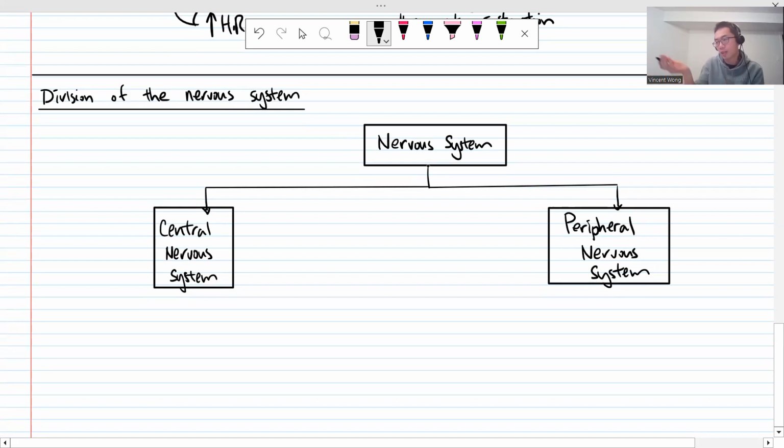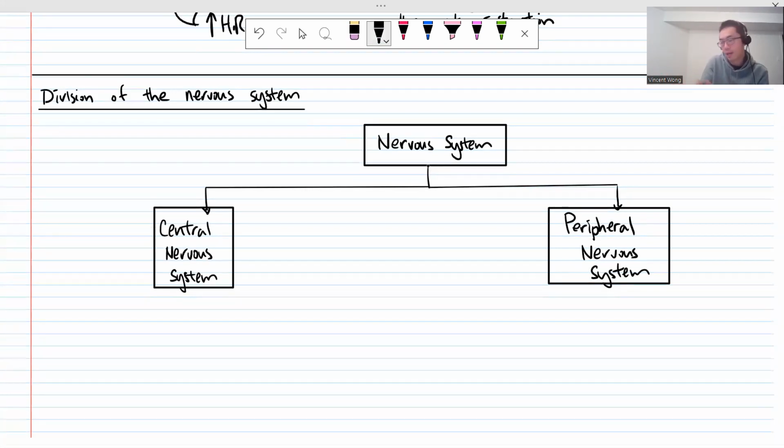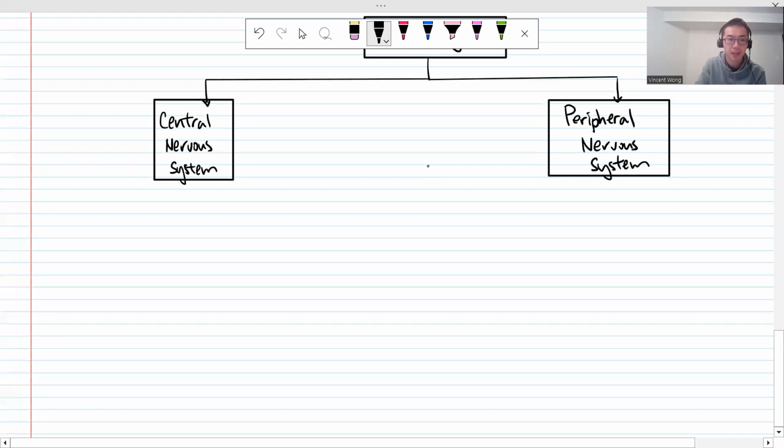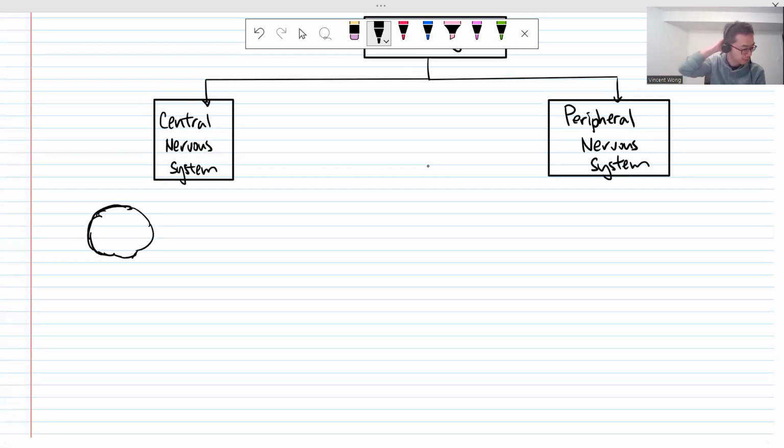But what does that actually mean, right? I keep telling you the central nervous system includes the brain and the spinal cord, but physically, what does it mean? So this is the brain, looking at it from the back. That's what the brain looks like.